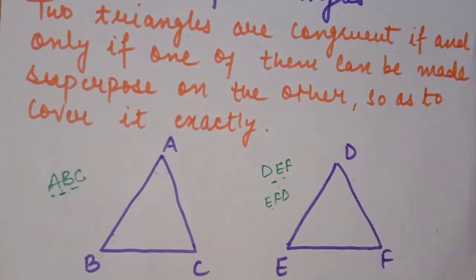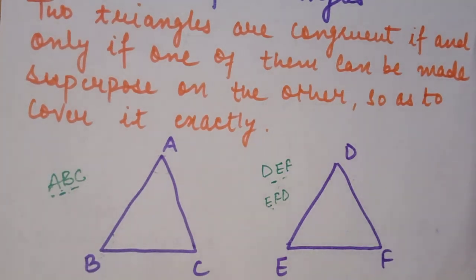So now students, I want to teach you that the congruency of triangles depends on two triangles covering each other exactly, and their corresponding parts, whether sides or angles, being equal to each other. So they are congruent, and you will learn about this with the help of questions also.